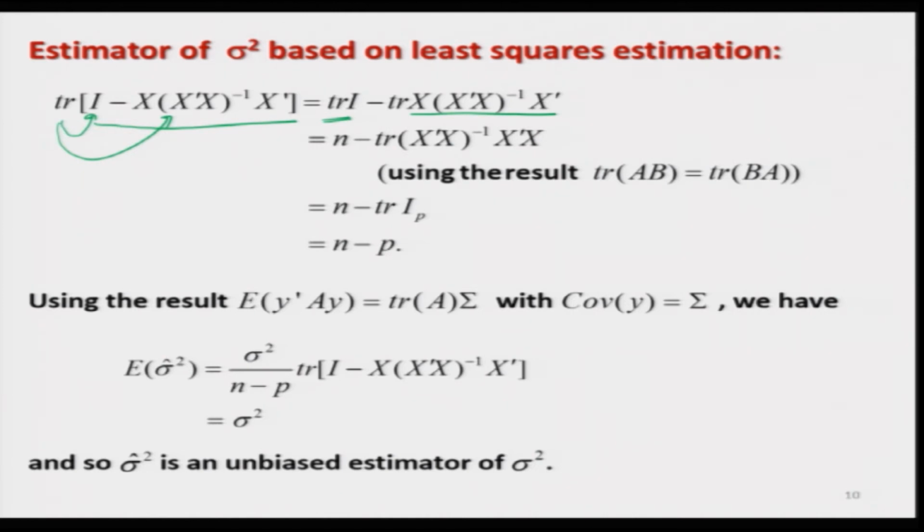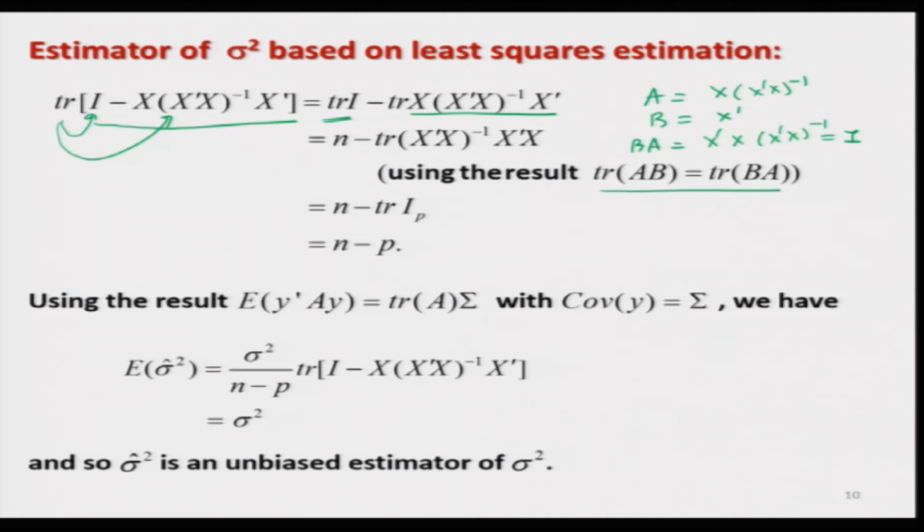Now I use the result trace of AB is equal to trace of BA. I choose A equal to X (X transpose X) whole inverse, and B equal to X transpose. So BA is X transpose X into (X transpose X) whole inverse, which is going to be the identity matrix.